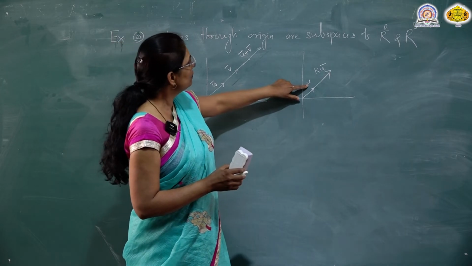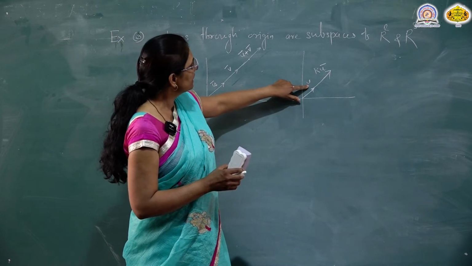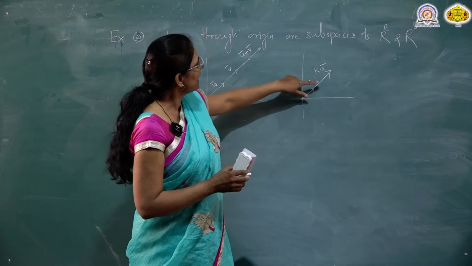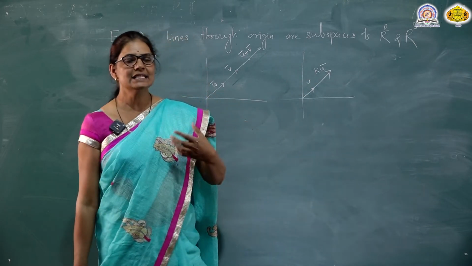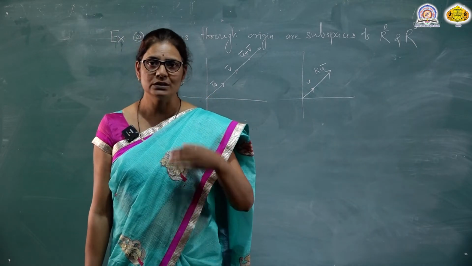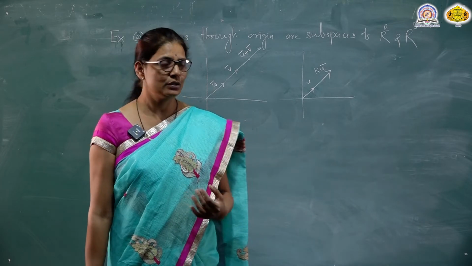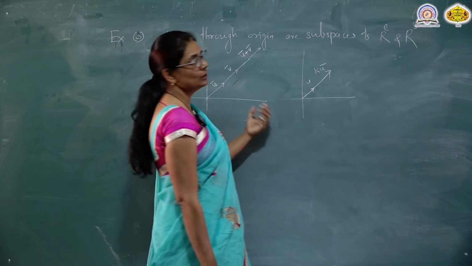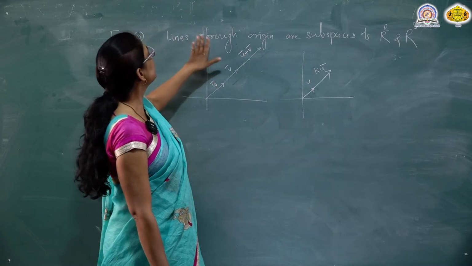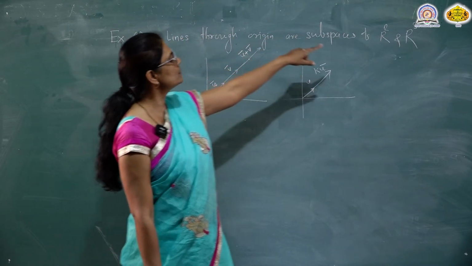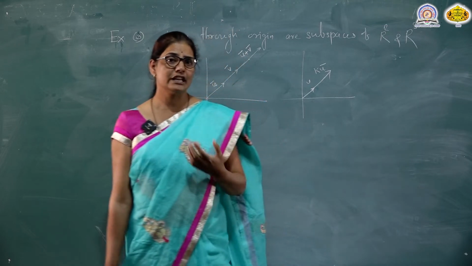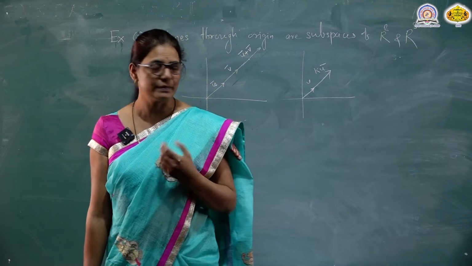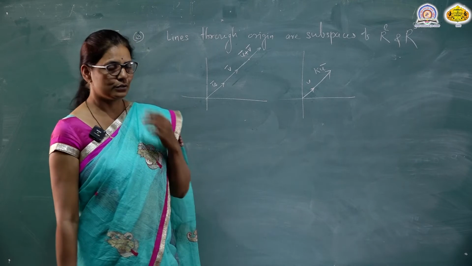So if u bar is a vector on some line, then k into u bar, any scalar multiplication, is again on the same straight line. So it is closed for addition and closed for scalar multiplication. So any line passing through the origin is a subspace of R2. Similarly, we can easily prove that it is a subspace of R3 also.